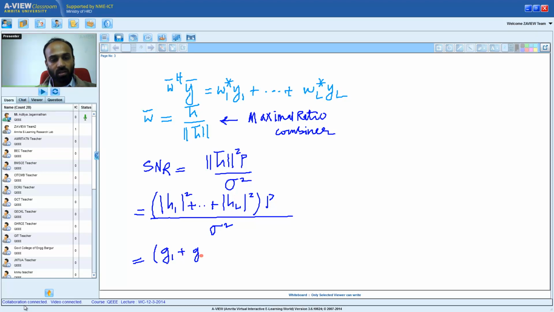This equals G1 plus G2 plus up to GL, times P over sigma square.